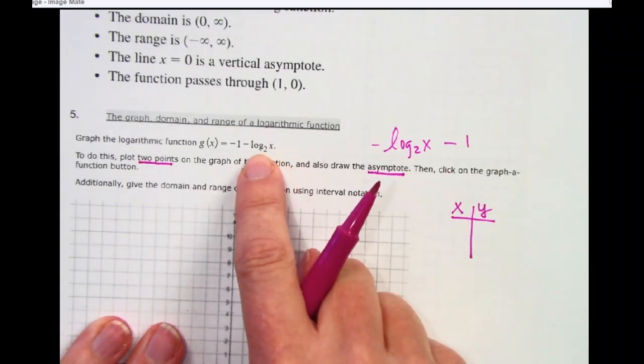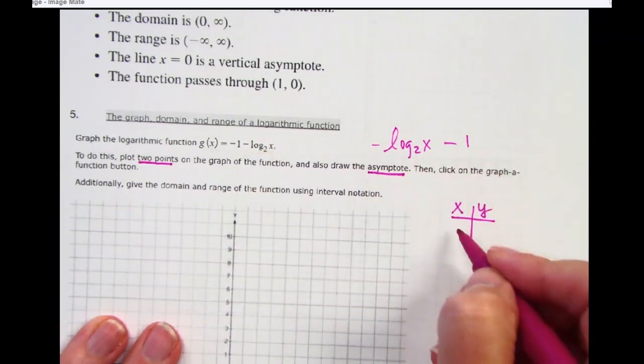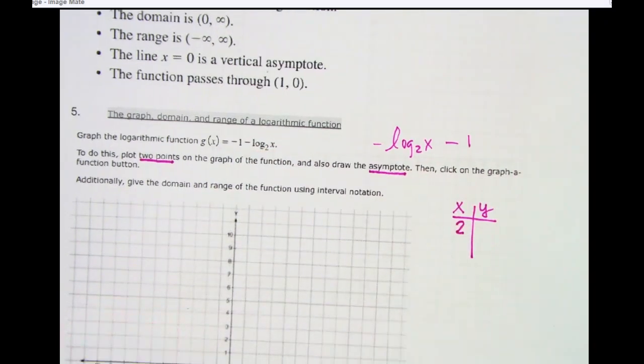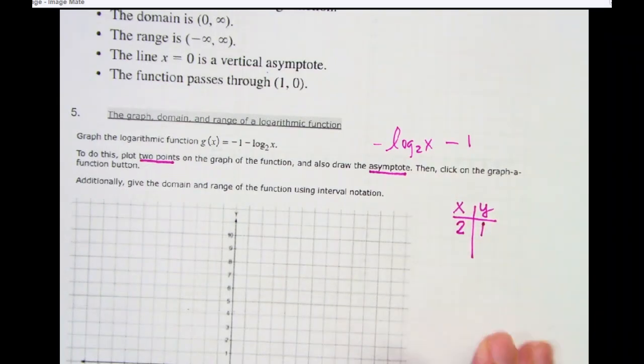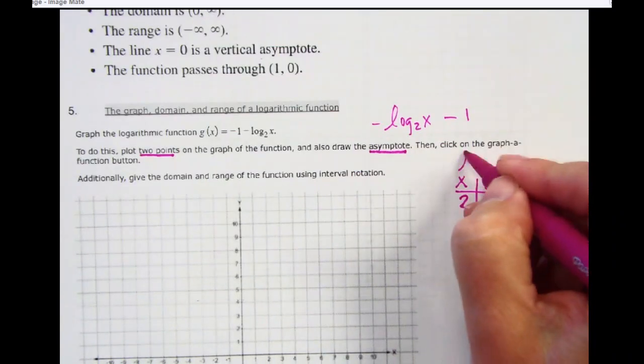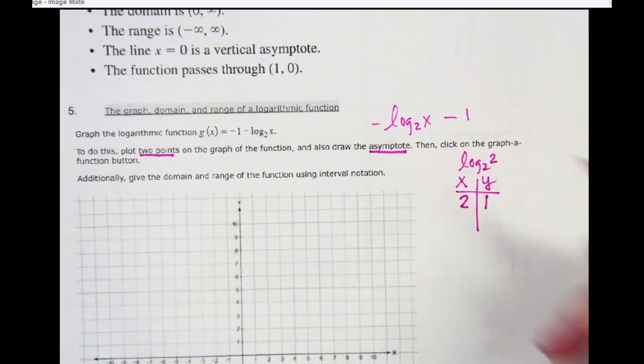So what's a great number that I could have for x? 2 to the what is 2? 1. We'll do that one next. So I'm just doing log base 2 of 2.